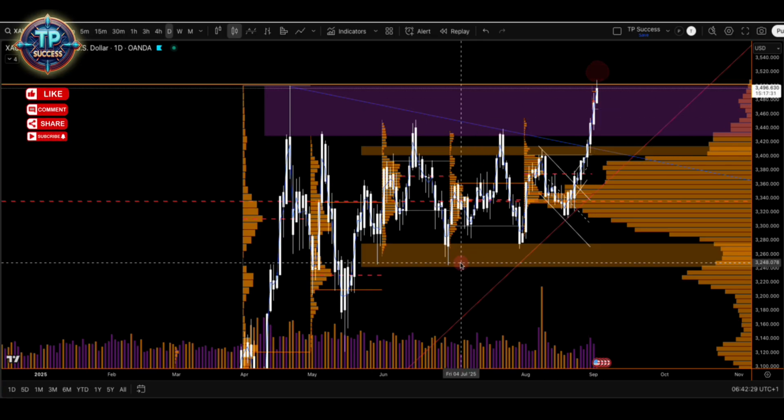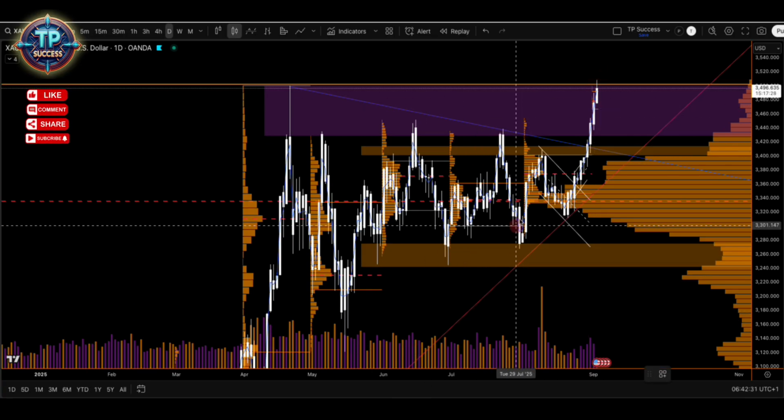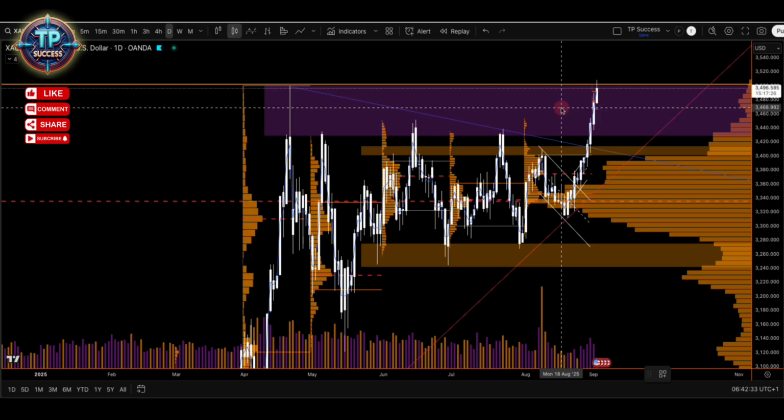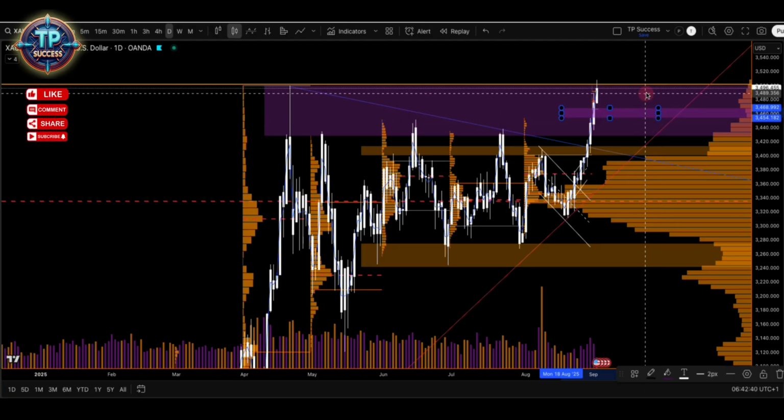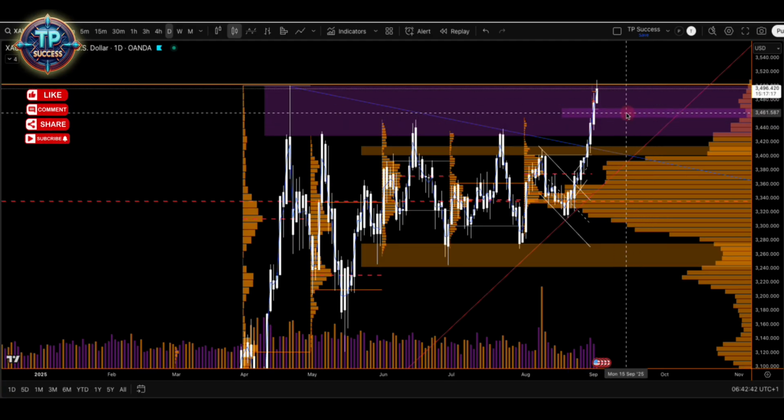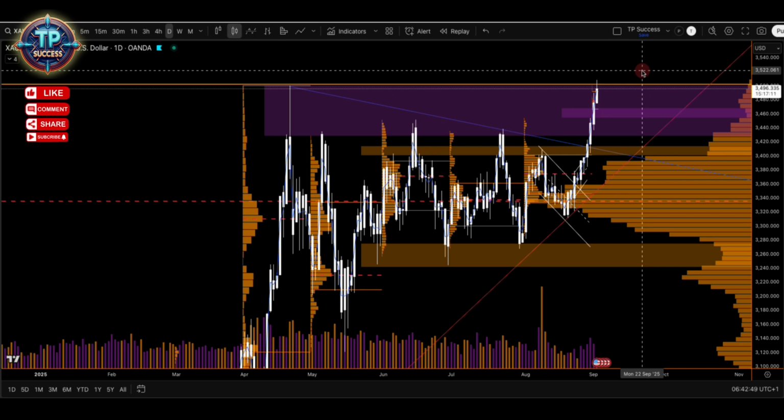And then we could get some type of pullback, right? Because whenever I see low volume nodes, I just assume that price may want to come back into them again. So if price does come back into it, then I'm making sure that I'm prepared to ride it to the upside when it does, if that makes sense, right?